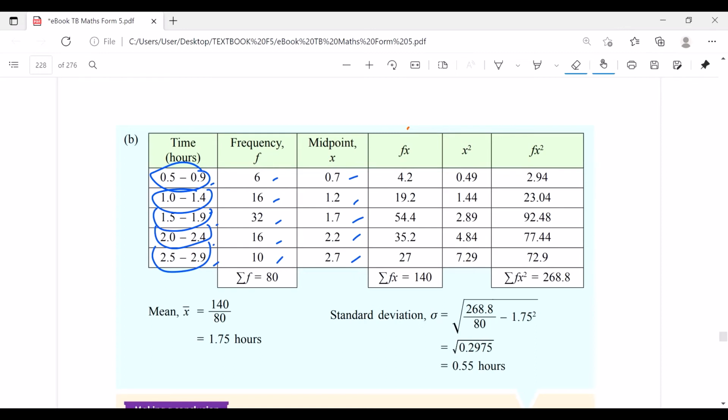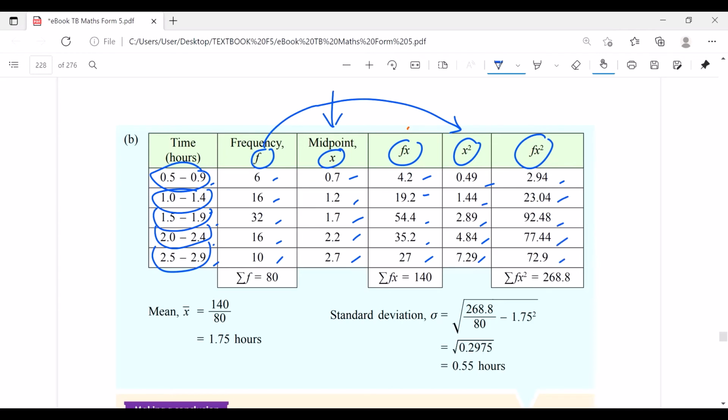Okay, fx will be here, and then you just square your x, and then you times with your f. Okay, so all this value will get, yeah, it's very routine for you already.